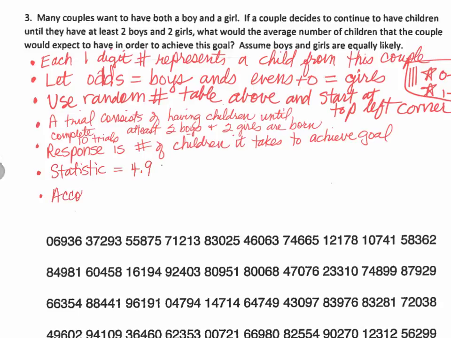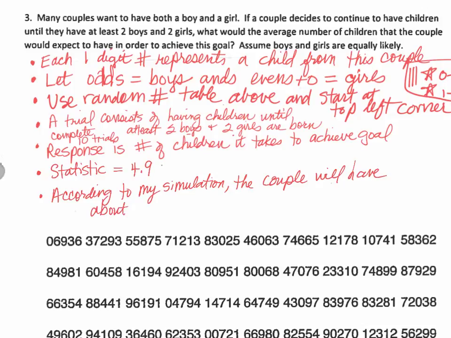According to my simulation, the couple will have about 4.9 children, because this is an average, 4.9 children on average. That's why you keep it as a decimal, to get at least 2 boys and at least 2 girls.